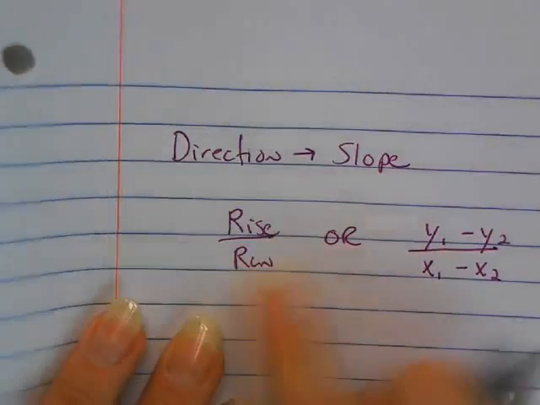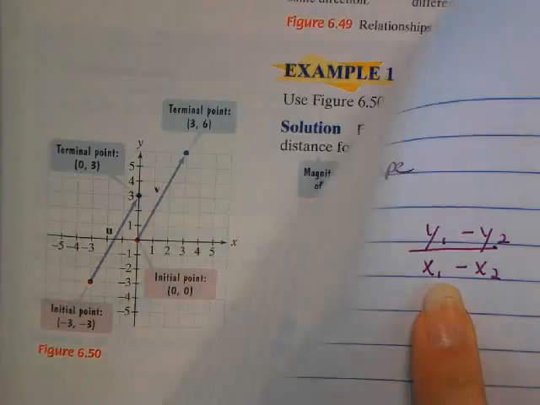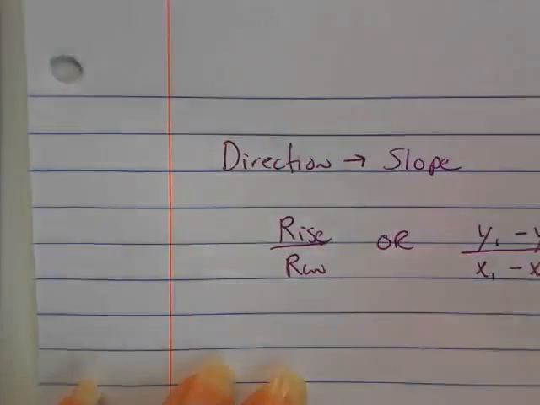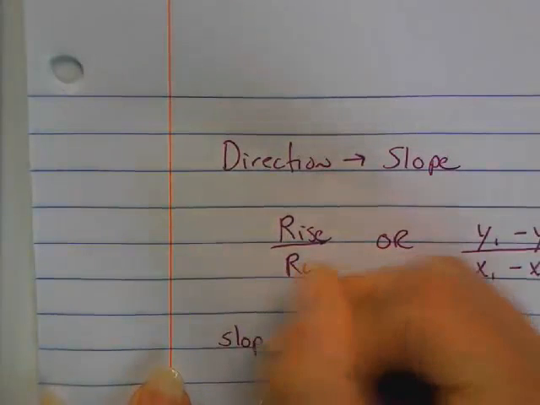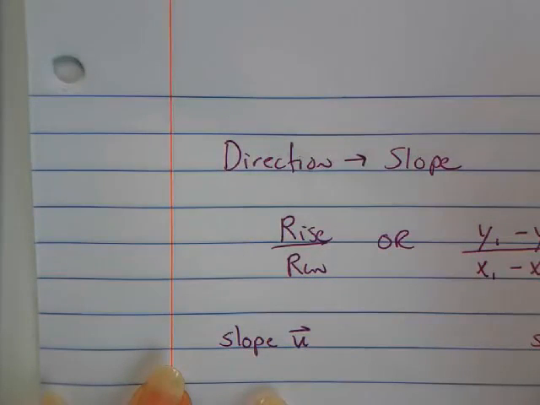Both work. You decide whether you'd like to count on a graph or plug into a formula. For me, let's count on the graph since they're already graphed. So I'm going to look at the slope of u and the slope of v.